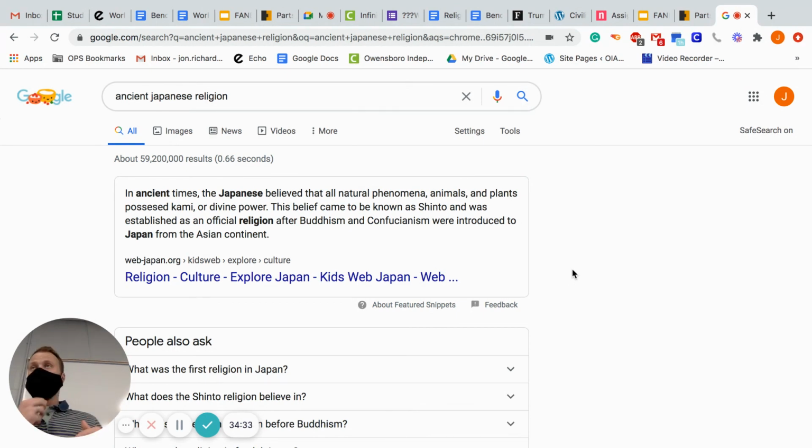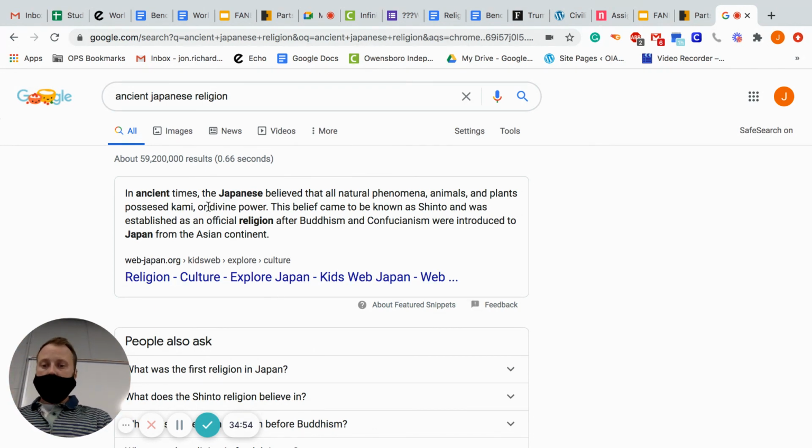Jackson over here said they have lots of different religions and lots of different things. I told him to focus on one of those and go deeper into that religion. So he's looking at Norse gods and the Norse religion, okay? Norse mythology.